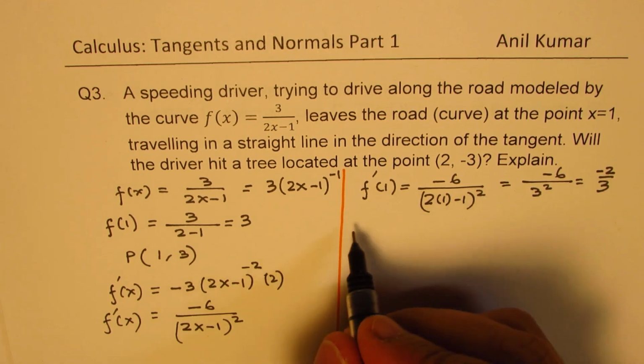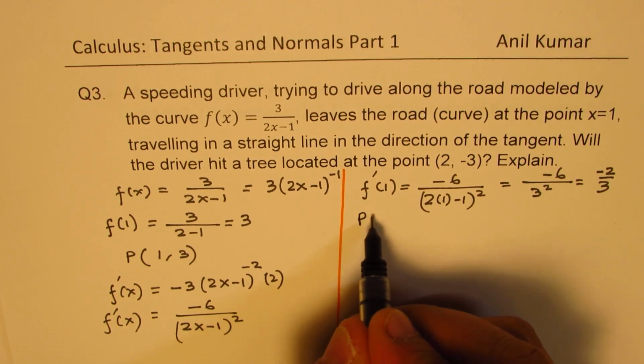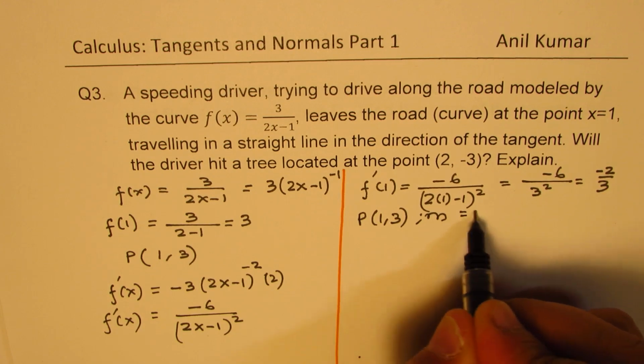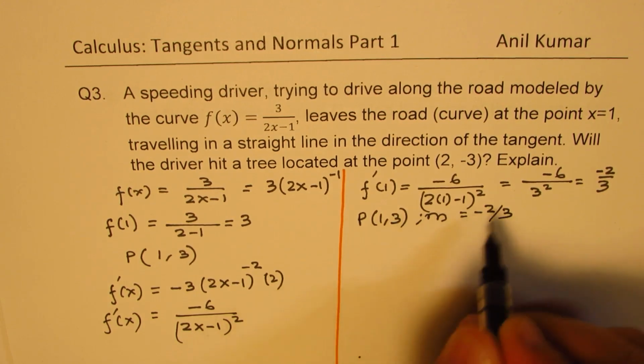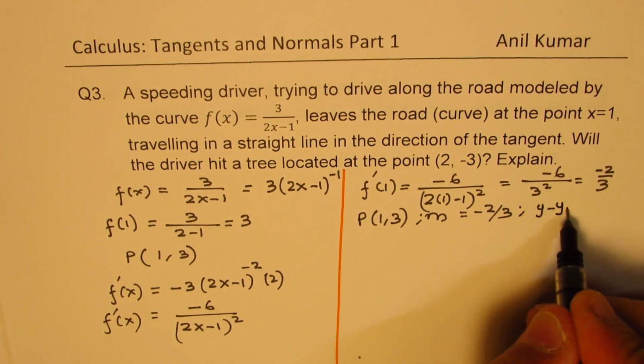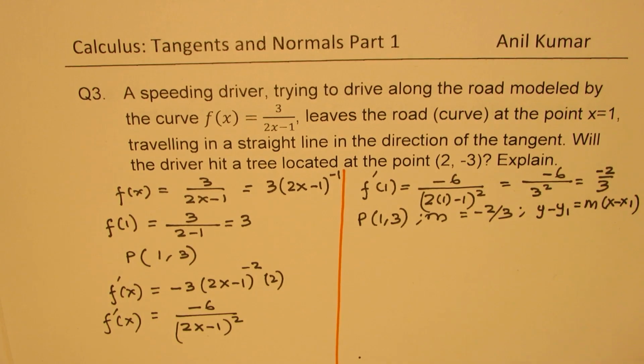Now, we know that the point is (1, 3), and the slope m is minus 2 over 3. Let's find the equation of the line. The equation of the line would be y minus y1 equals m times x minus x1. Clear?